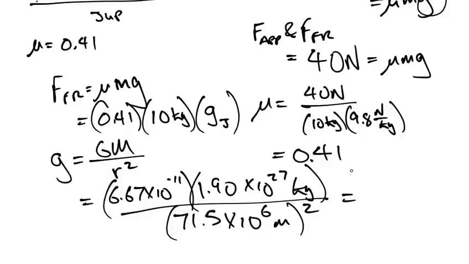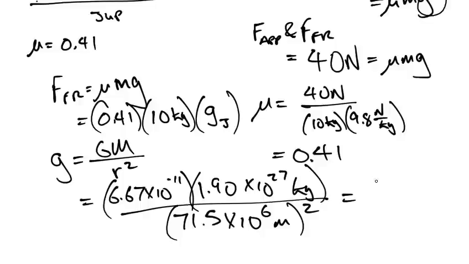And what do we get for the g? Here we go. 6.67 EE negative 11. Enter 1.9 EE 27 times 71.5 EE 6 squared divided by.